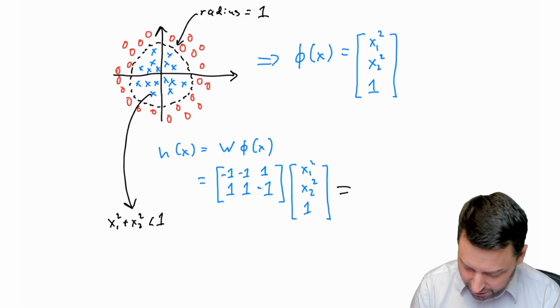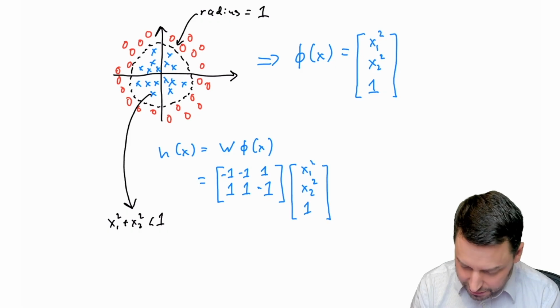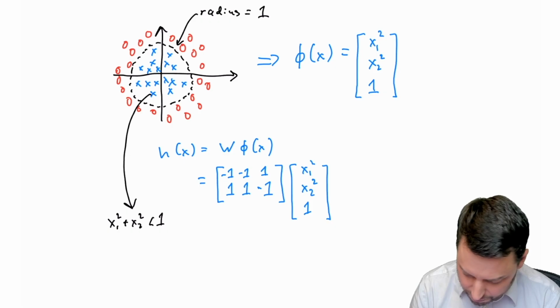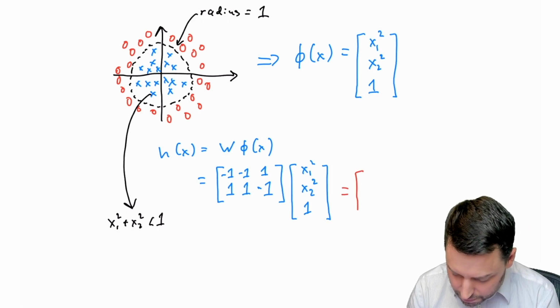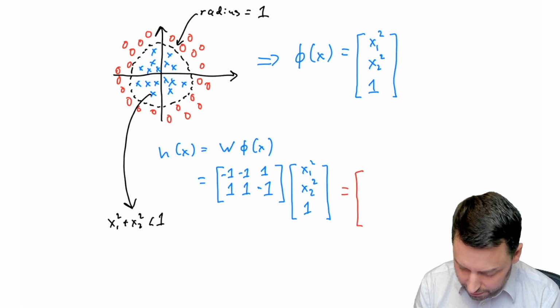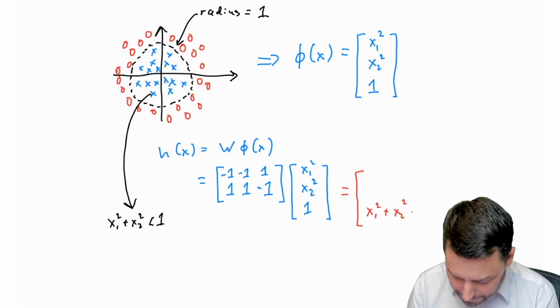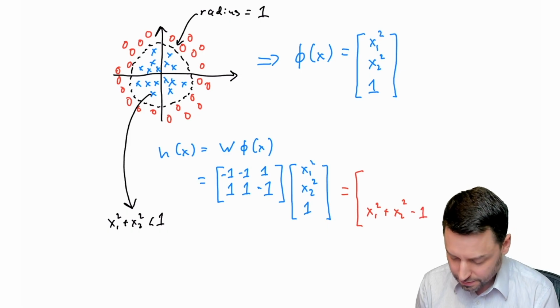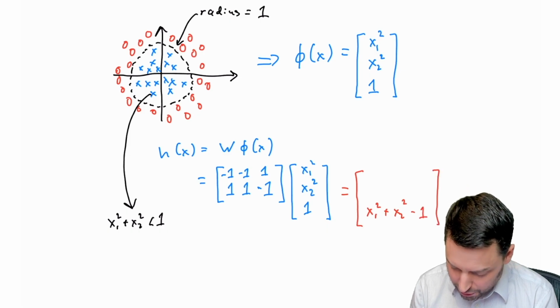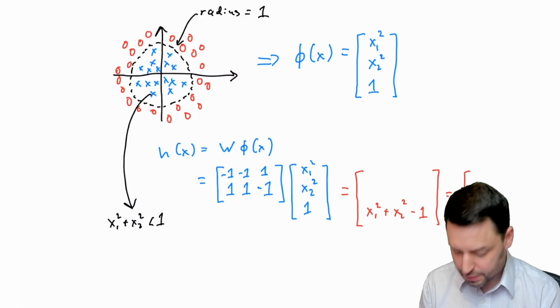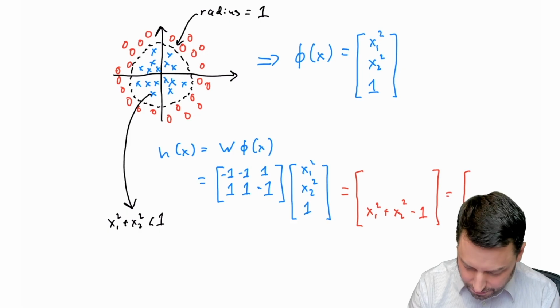I'm going to give it a certain example here because this is only for a particular example. That would mean the second entry would be equal to x1 squared plus x2 squared minus 1. We don't know what that is, but we know it's some term less than 0. Oops, I'm blocking my own view there. Hang on, let me move this down.